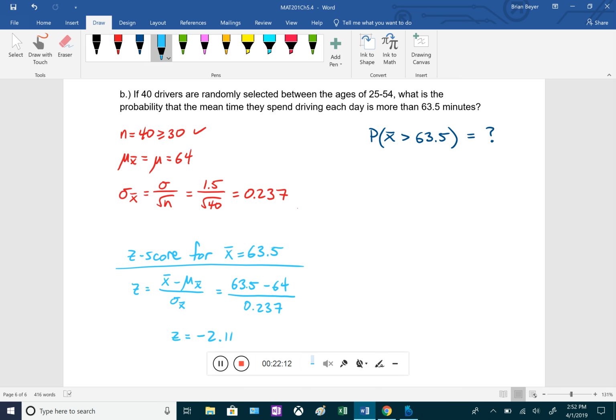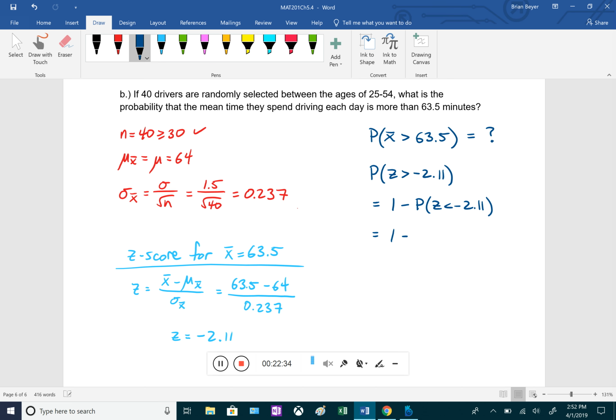So now it's like the same thing that we've been doing. This is going to be equal to the probability that z is greater than that z-score. Since this is greater than, we have to do 1 minus the probability that z is less than, in order to use the table, because that's what the table tells us.